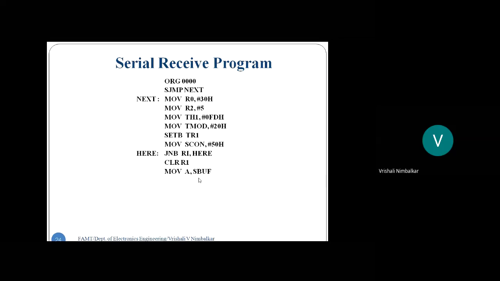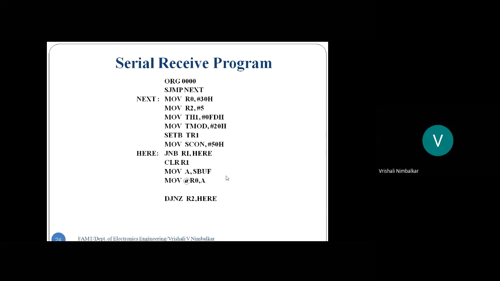How do I store it? R0 is pointing to that memory location. So the accumulator character, save it in the memory pointed by R0. So MOV @R0, A. The first character received, saved in the accumulator, is saved in the memory location pointed by R0. Okay. So we have received the first character.